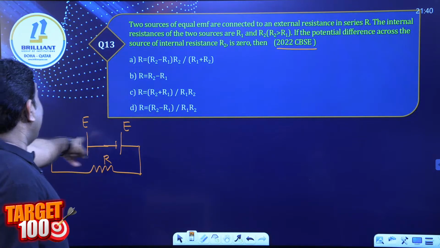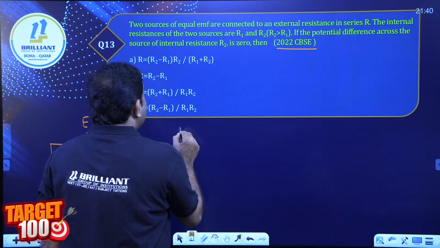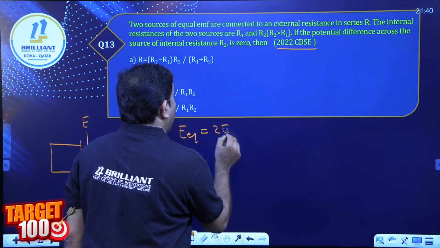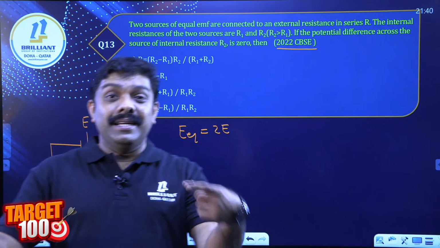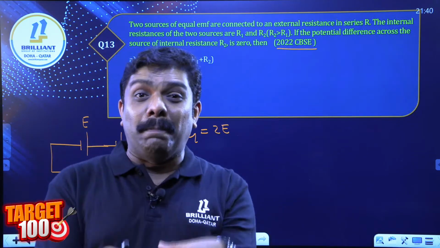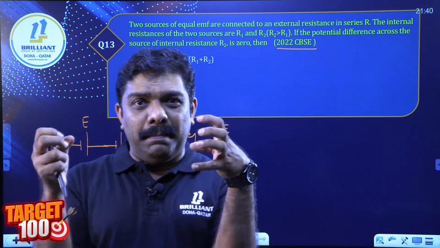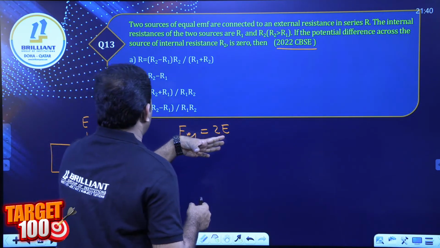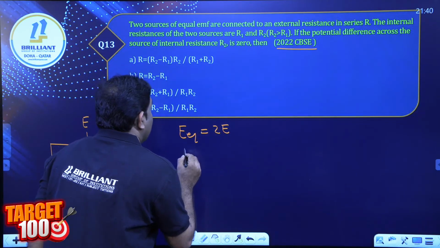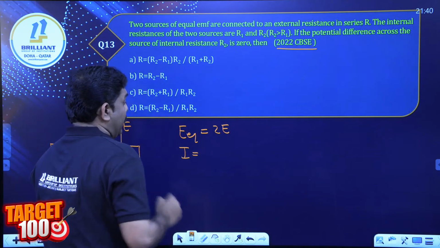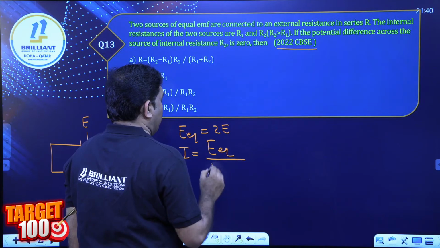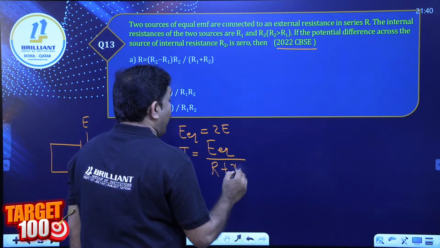Now, when two cells are connected in series, what is the equivalent EMF? Everyone knows equivalent EMF is 2E. Series connection means minus to plus, so EMFs will be added up. So E plus E will be equal to 2E. Then we have the current equation. What is the current equation? We have E equivalent divided by R plus R equivalent.